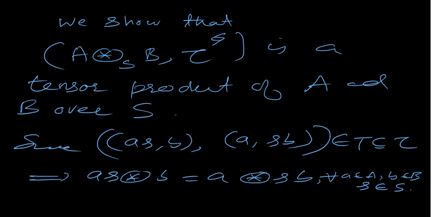To verify that this A tensor B over S with this map tau natural is a tensor product of A and B over S, we first prove the following lemma. So what's that lemma?